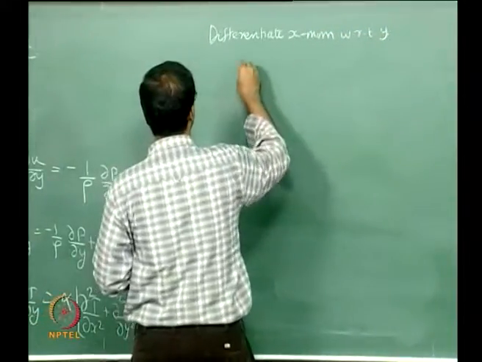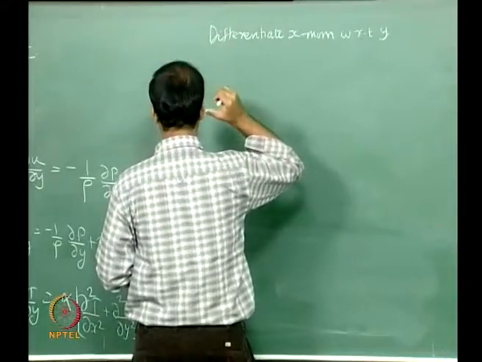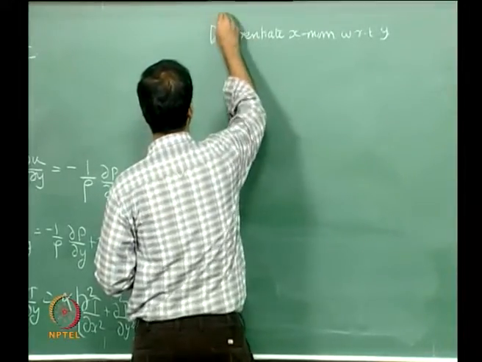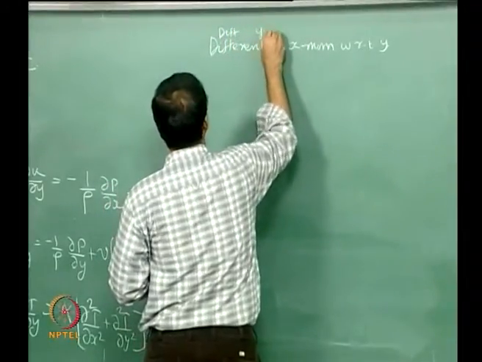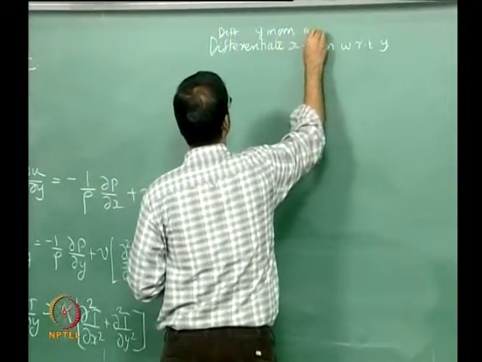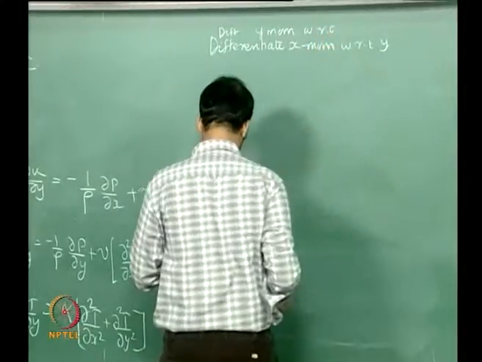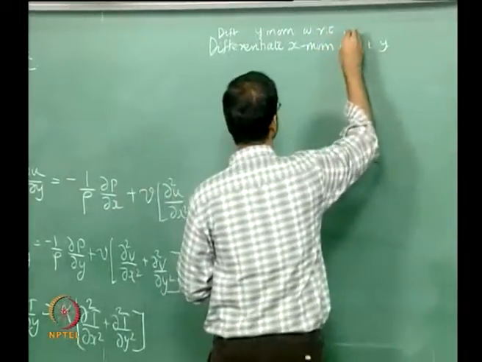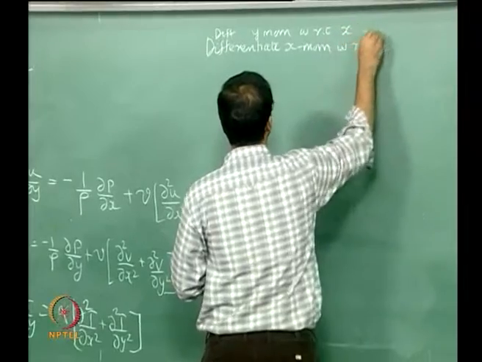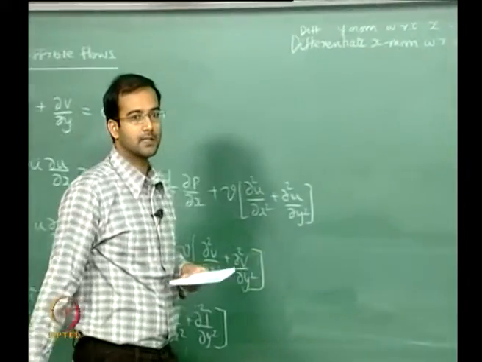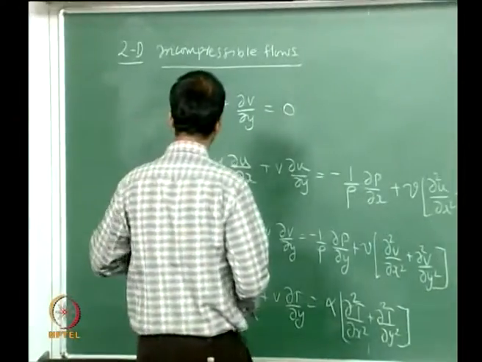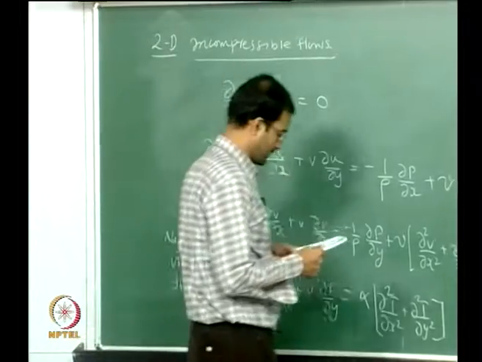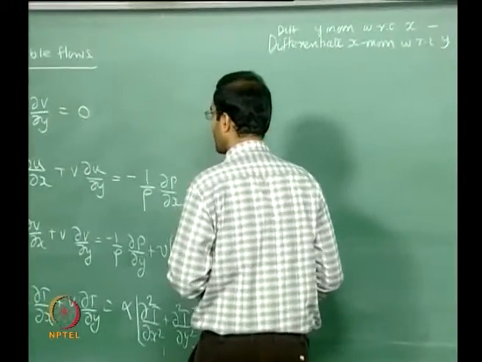So I am going to differentiate the y momentum with respect to x, minus differentiate the x momentum with respect to y. If you do that, you can group these two terms, the temporal term.